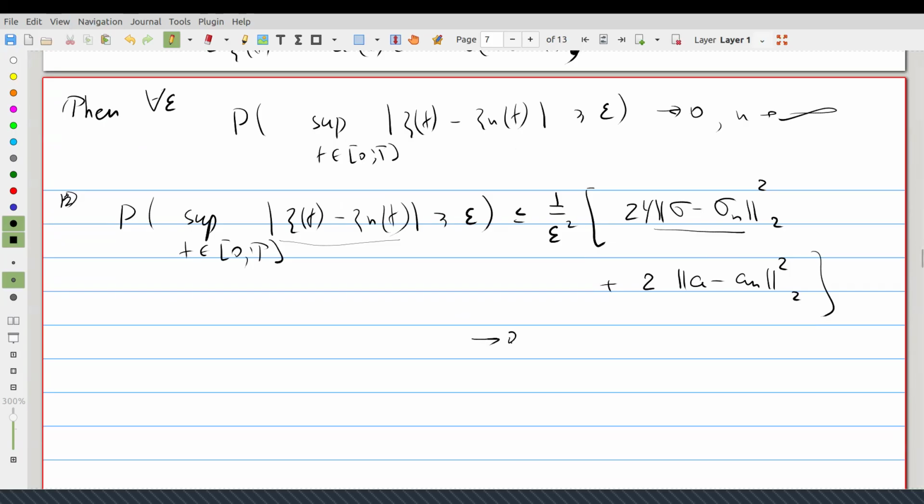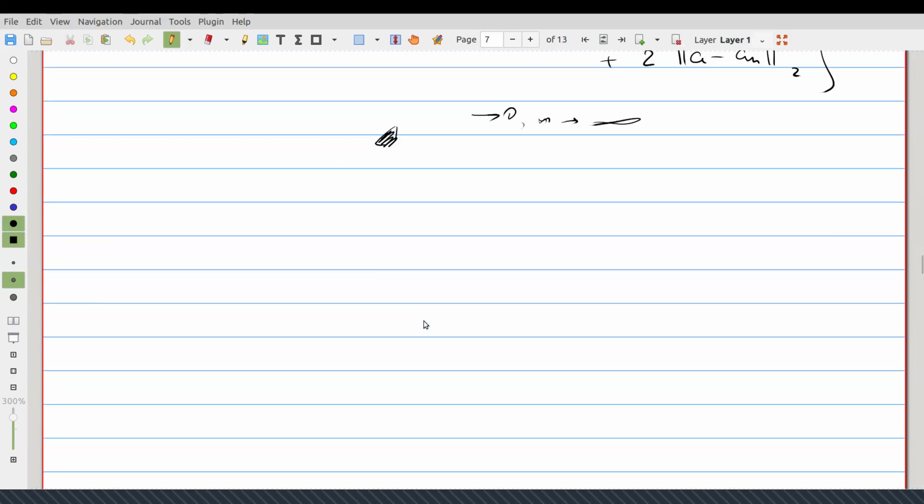And this goes to 0 as n goes to infinity. This is a very fast proposition we considered in this lecture, for simple processes that we developed very quickly, and its analog for general progressive processes.